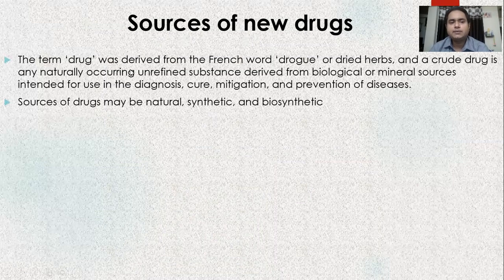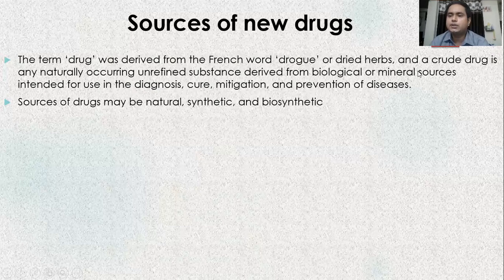The term drug was derived from the French word drogue, meaning dried herbs, and a crude drug is any naturally occurring unrefined substance derived from a biological or mineral source intended for use in the diagnosis, cure, mitigation and prevention of disease. The source of a drug may be natural, synthetic or biosynthetic.